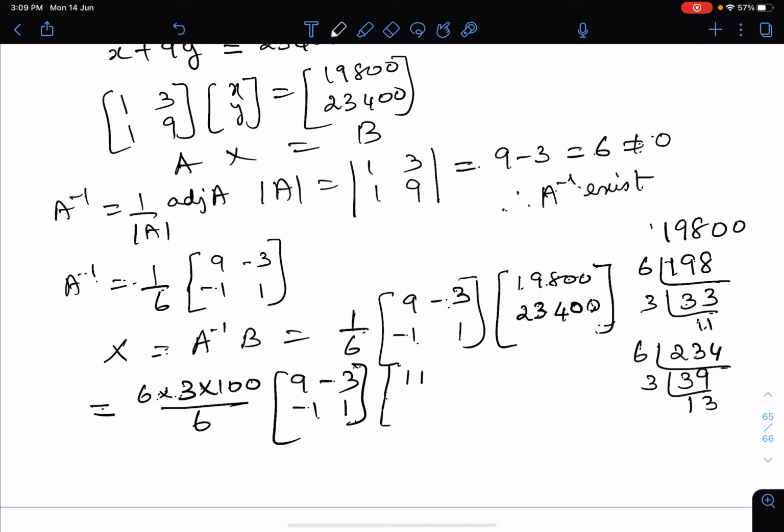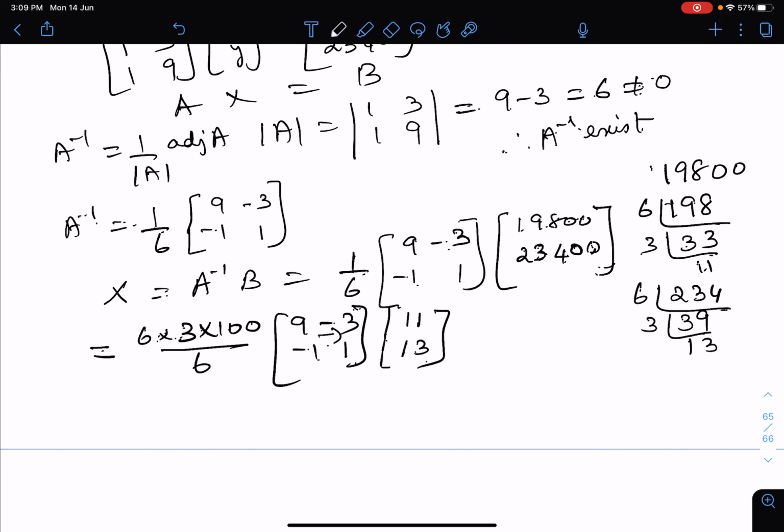Here it is going to be 11, and for this one it is going to be 13. So this reduction will make it easy for us to multiply. Now the 6 and the 6 get cancelled, so here in the front you will have 300, and now multiplying we will get the answer.